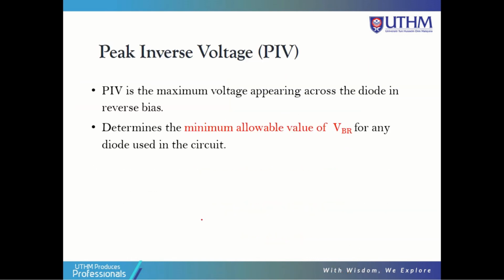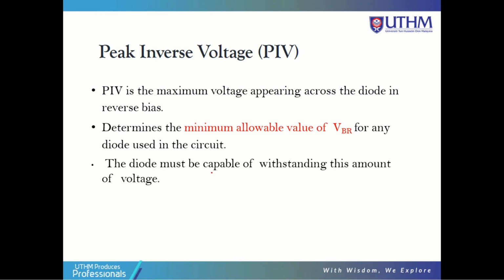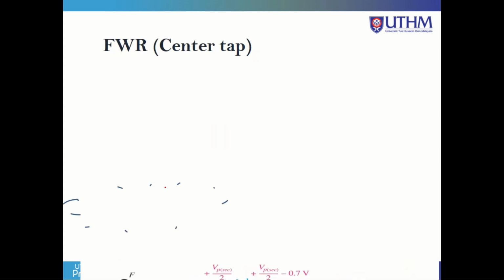Okay, this is the same as before for the half wave rectifier: PIV equals V peak. For full wave, the PIV I explained is the maximum voltage appearing across the diode in reverse bias. Determine the minimum allowable value of V breakdown for any diode used in the circuit. The diode must be capable of withstanding this amount of voltage.